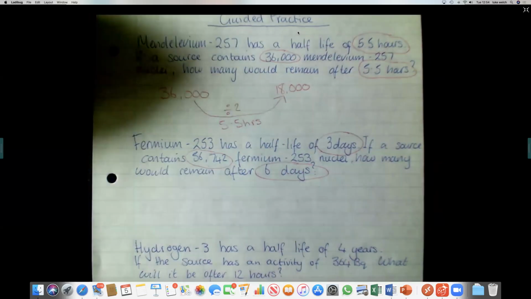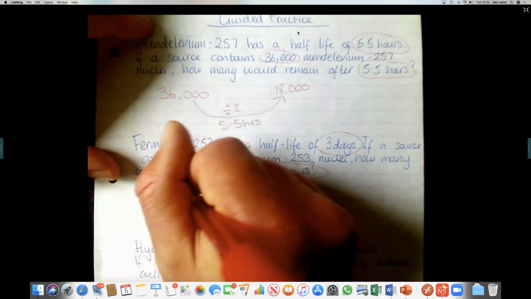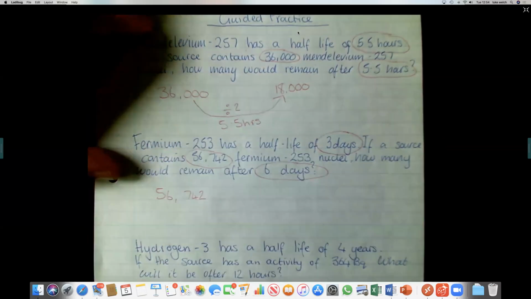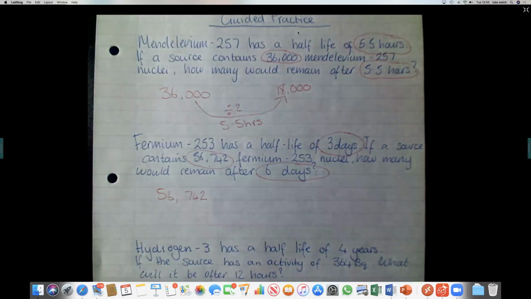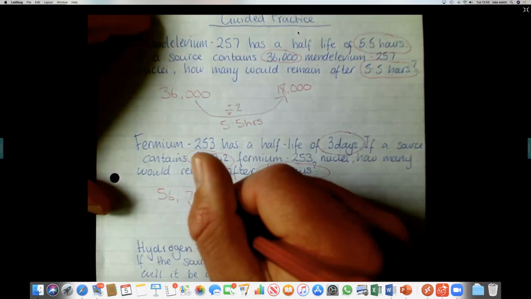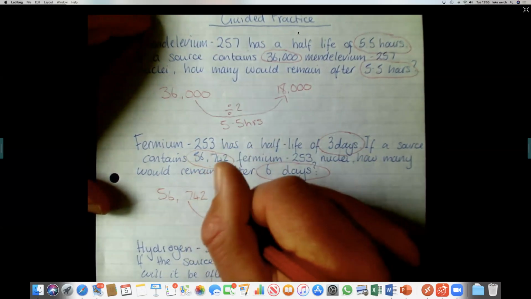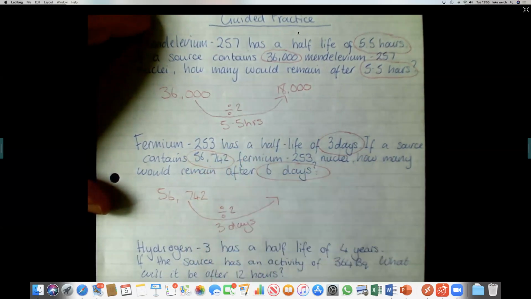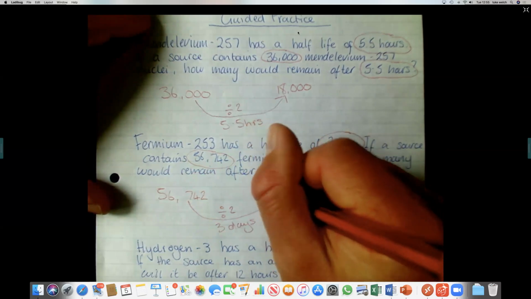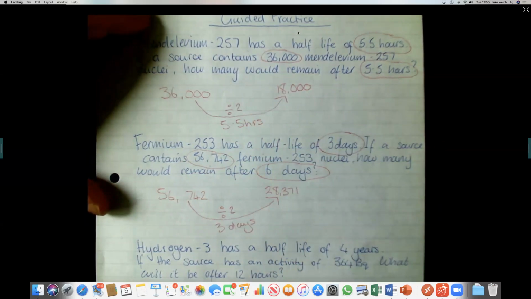Okay, so let's start off again just as we did before. So first of all, we've got 56,742. You may need a calculator for this one. And every 3 days it halves. So draw a line, arrow, divide it by 2. And this is every 3 days. That's its half-life. So after 3 days, it's going to be 28,371. And that's all I had to do on the last question, but this time it's saying 6 days. So if its half-life is 3 days, that's 2 half-lives.